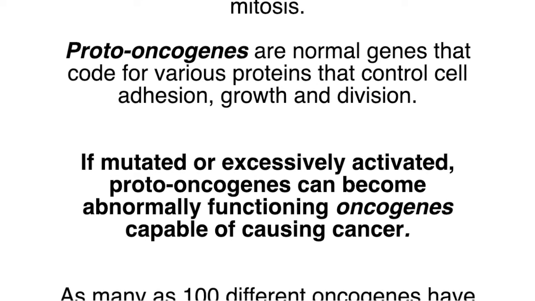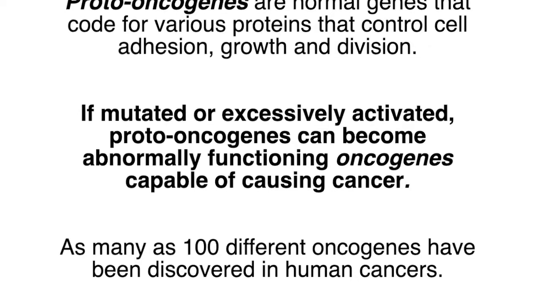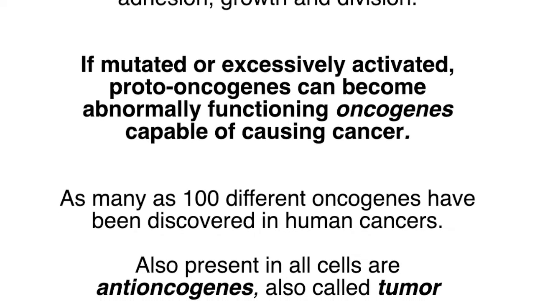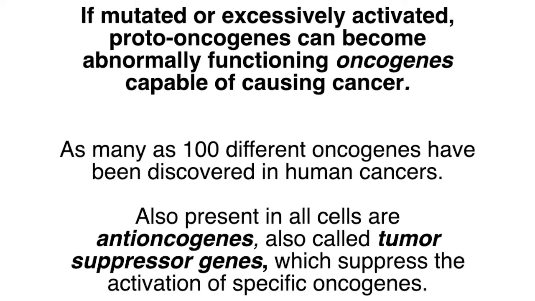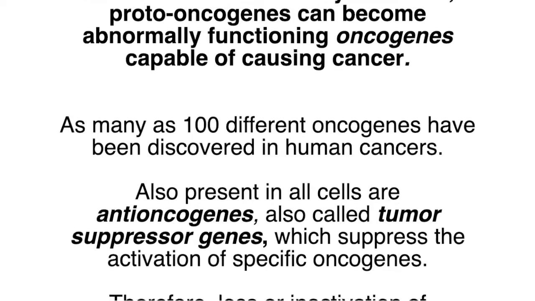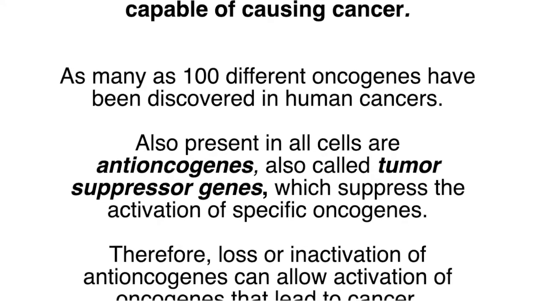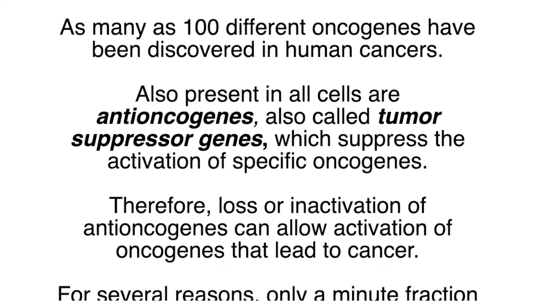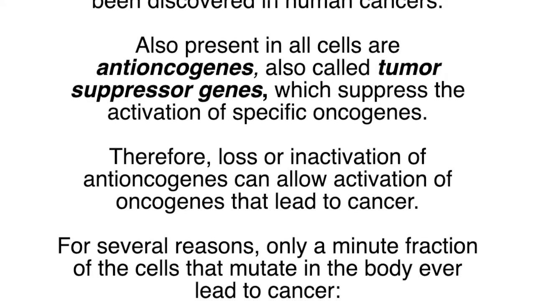As many as 100 different oncogenes have been discovered in human cancers. Also present in all cells are anti-oncogenes, also called tumor suppressor genes, which suppress the activation of specific oncogenes. Therefore, loss or inactivation of anti-oncogenes can allow activation of oncogenes that lead to cancer.